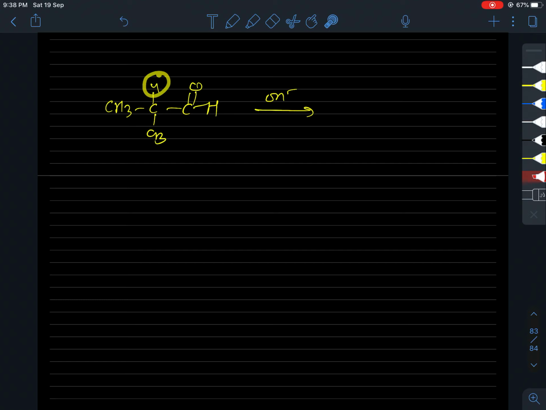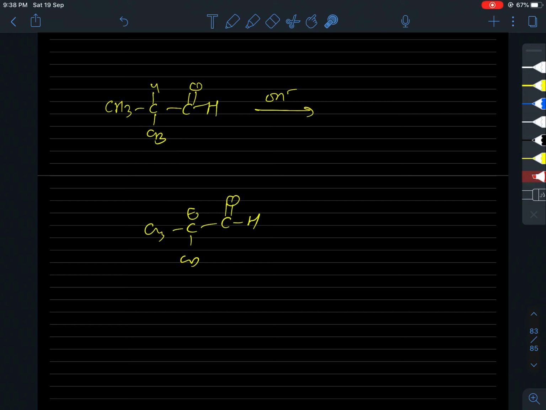Because it has alpha hydrogen, it will take out this, and then a carbanion and enolate ion will develop. But do you think it is a good nucleophile? It is a very, very bad nucleophile. So attack over the same molecule is extremely difficult, and that is the reason its competitive reaction wins.